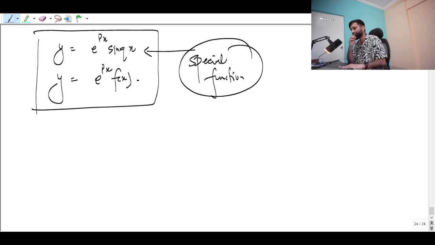Such functions are commonly used to get the solution of linear homogeneous systems of linear differential equations. We have discussed homogeneous linear differential equations. So what is the meaning of a homogeneous differential equation?